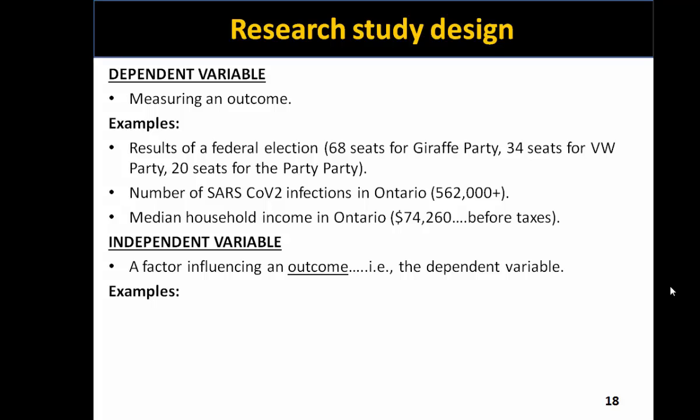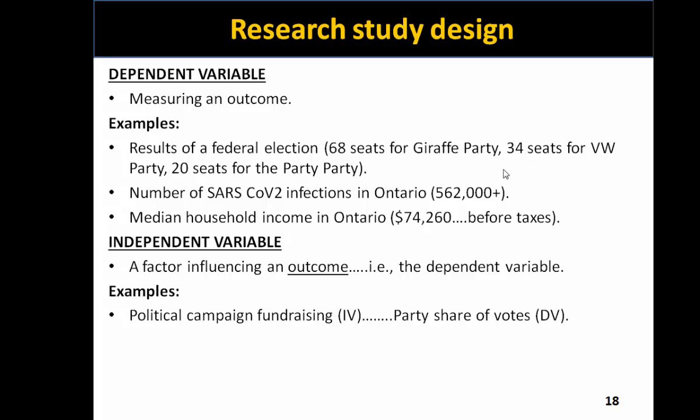So some examples to stay consistent here. If we go back to our first example of the results of a federal election, the party share of all the votes cast in terms of the seats in the legislature is the dependent variable. That's where our analysis stops. But what influences the party share of the votes?